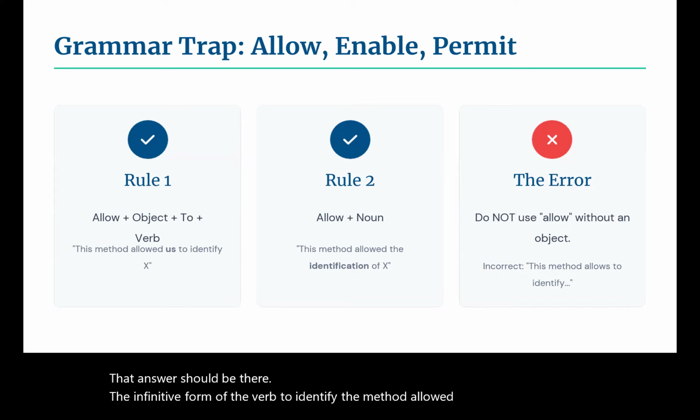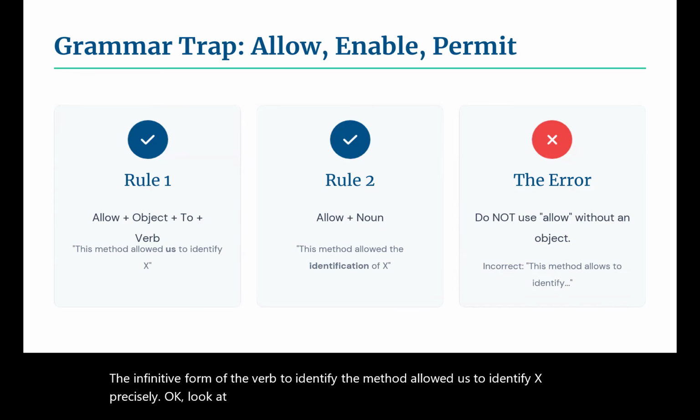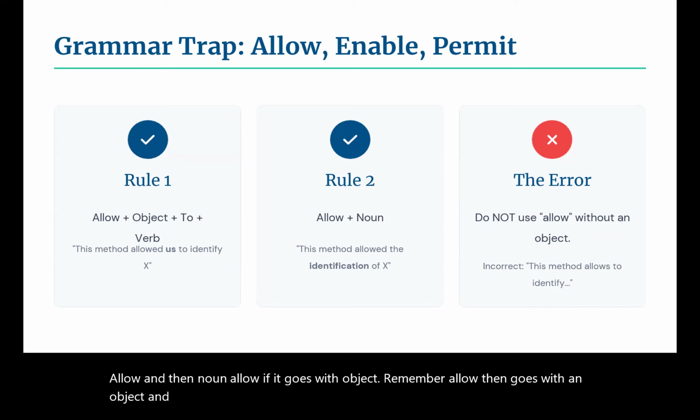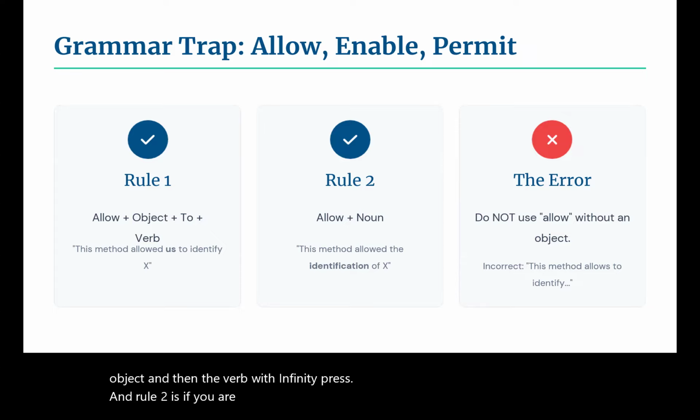Okay, look at rule 2. Allow, if it goes with an object, remember, allow then goes with an object, and then the verb with an infinitive phrase. And rule 2 is if you are using allow with a noun, that's precise.